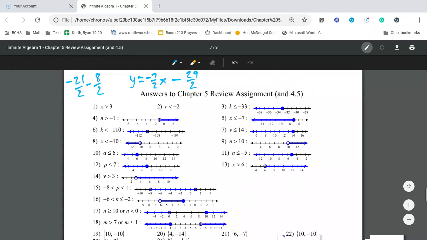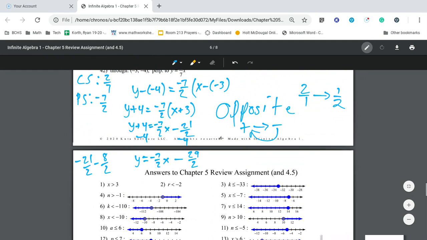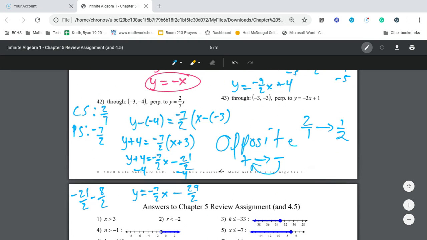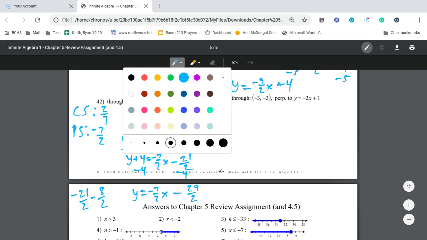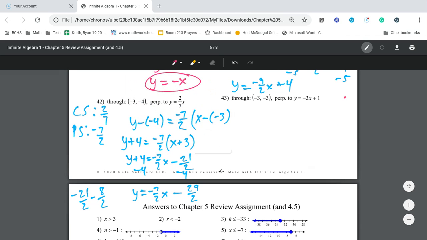All right, last one and we're done. Current slope, negative 3, perpendicular slope, positive 1 over 3. Y minus negative 3 equals 1/3 times x minus negative 3.